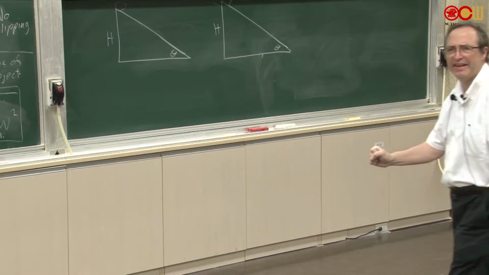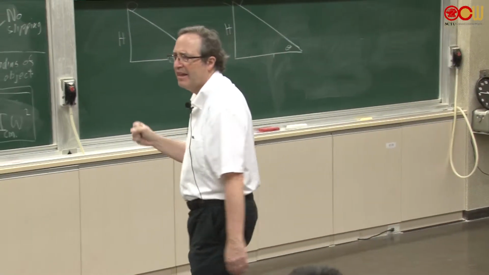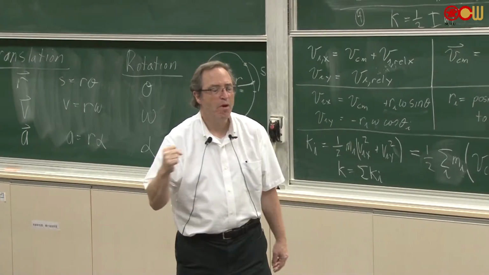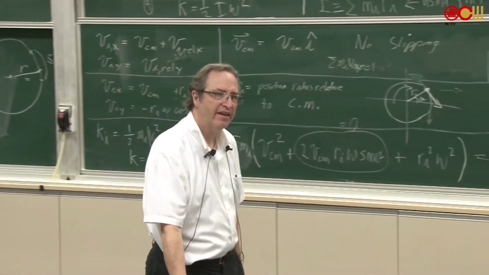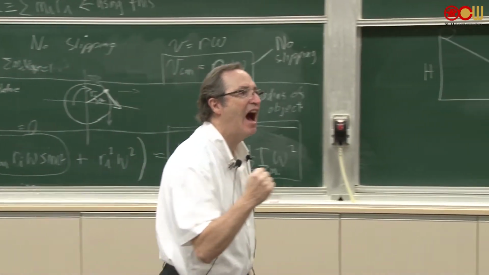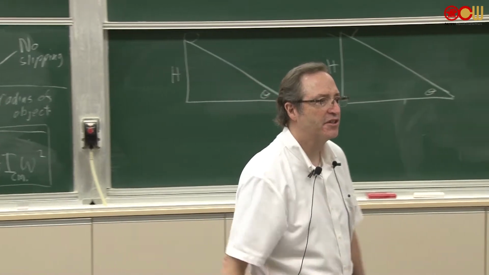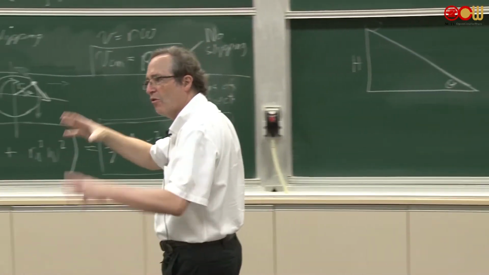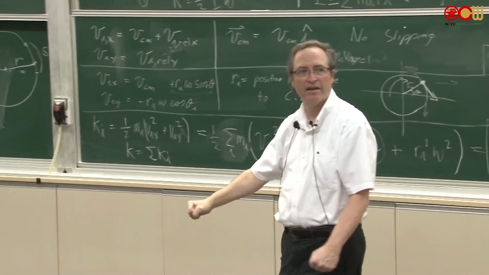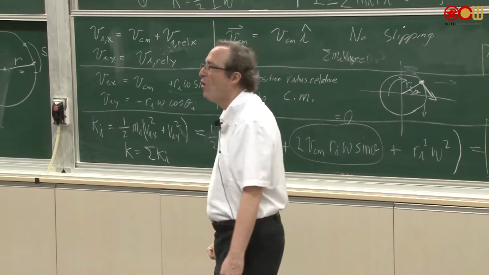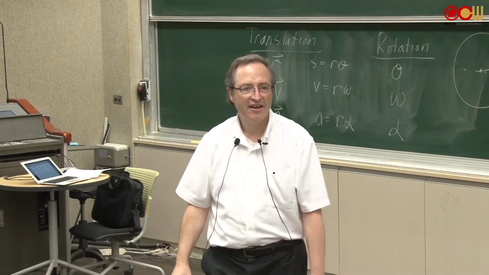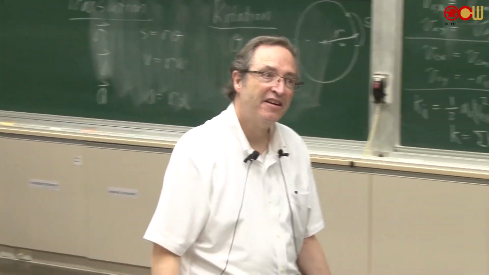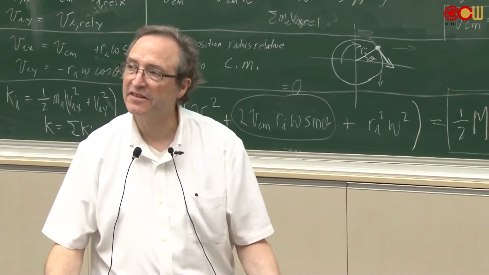What quantity is it that I need to focus on? Moment of inertia, good. Which one has a higher moment of inertia? The one where the mass is all on the surface or where it's distributed? Surface. Why? R is bigger on the surface.